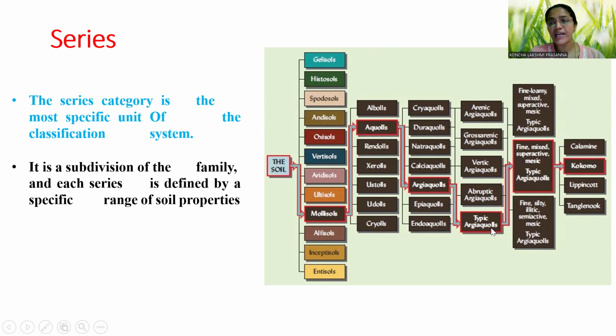So these are the different categories in soil taxonomy: order, suborder, great group, subgroup, family, and series.